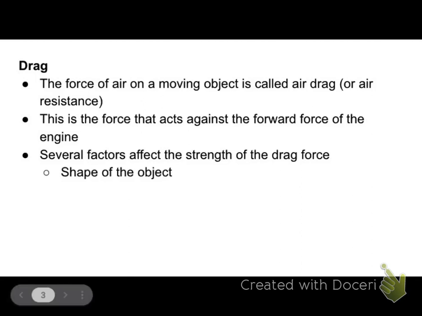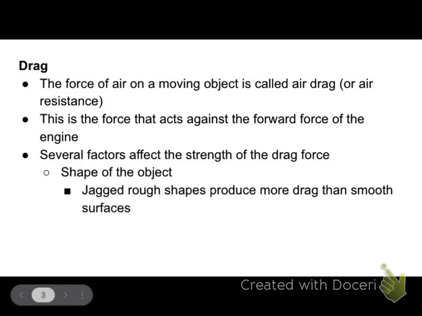Several factors affect how strong drag is on an object, and we're going to talk about those factors. Okay? The first one is the shape of the object. Okay? So if that shape is jagged, right, like a box or a square, or if it's rough, okay, then you're going to produce more drag than if you had a smooth surface. Okay? This makes sense when you think about the fact that air resistance is just a different form of friction.